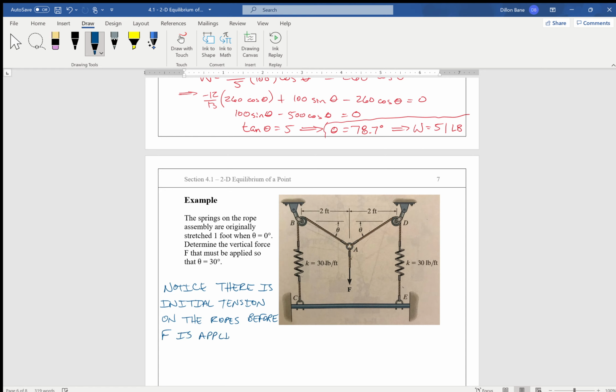And we can go ahead and calculate what that initial tension was, right?